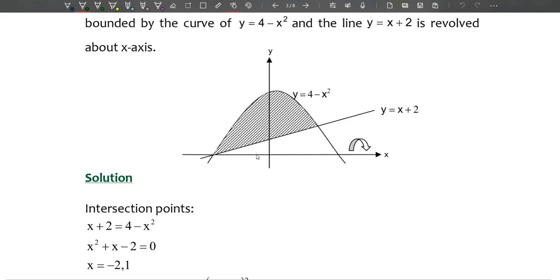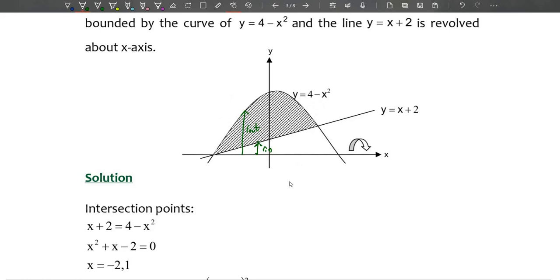That means from the x-axis to the closest function, curve or line, this would be your inner radius. From the axis of rotation to the farthest curve, this would be your outer radius R out. So the inner radius here is y equals x plus 2, and the outer radius will be y equals 4 minus x squared.